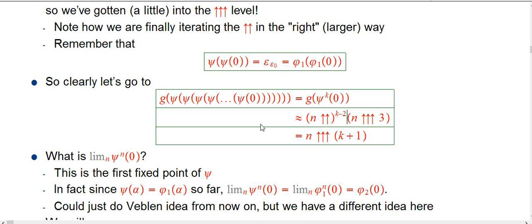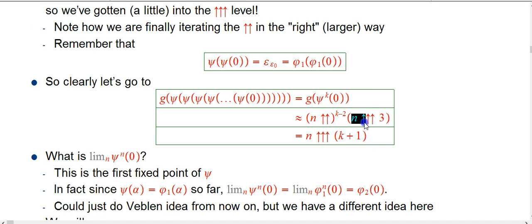So what's going on with that? Well, what we've seen now is that when we do psi of something and iterate it, the g is now putting the n double up in the right place. So now we're n double upping that k minus 2 times and starting with an n triple up of 3. Well, that's exactly the definition of n triple up to the k plus 1.